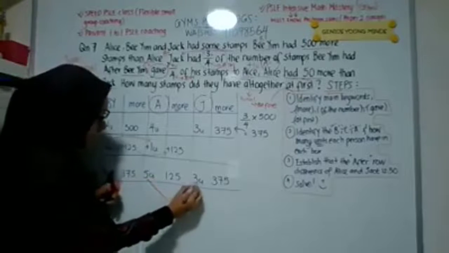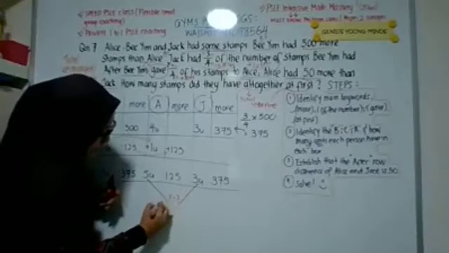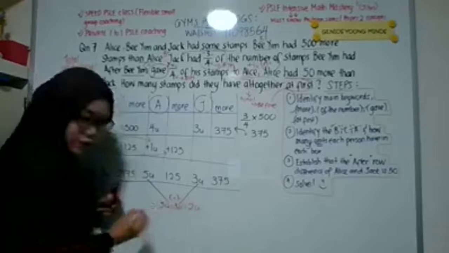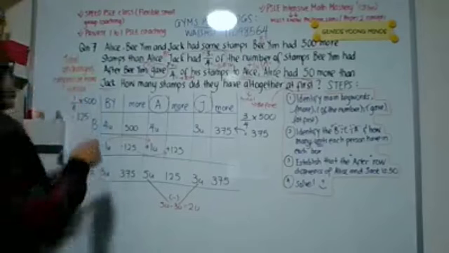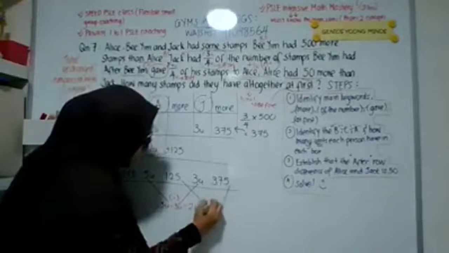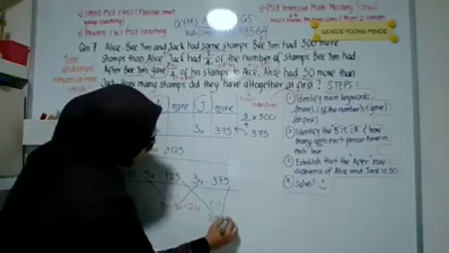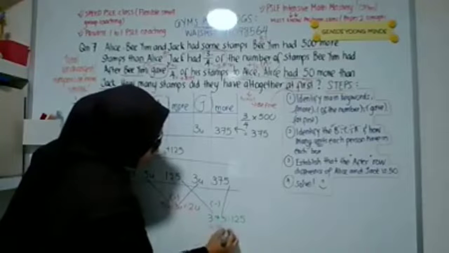The 5 unit difference, and these 3 units, if I minus, I get 5 units minus 3 units equals 2 units. Get it? Okay. Now the difference, I take this and this, I minus, I will get 375 minus 125, I get 250.